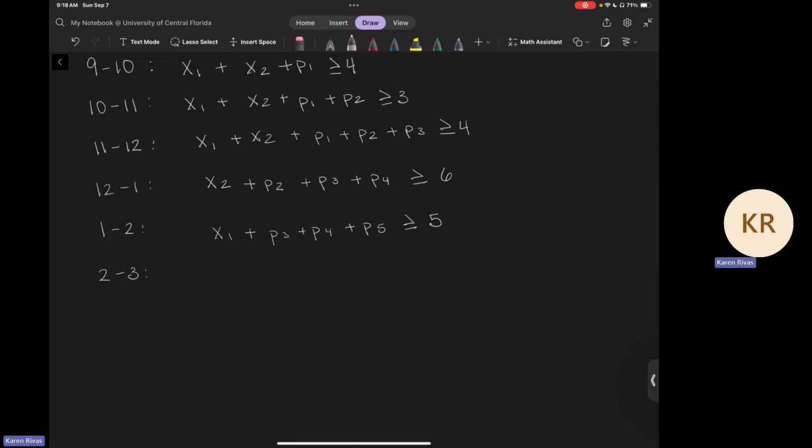From 2 to 3, all the full-time employees have already taken their lunch break, so everyone's back. P3 has completed their 3-hour shift, so we drop them and continue with P4, P5, and P6.